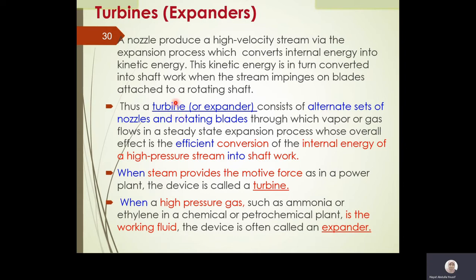So what we have in the turbine is that conversion from internal energy, or the enthalpy, not into kinetic energy, but into work. We are getting work out of the turbine. That's why the turbine is a work producing device.